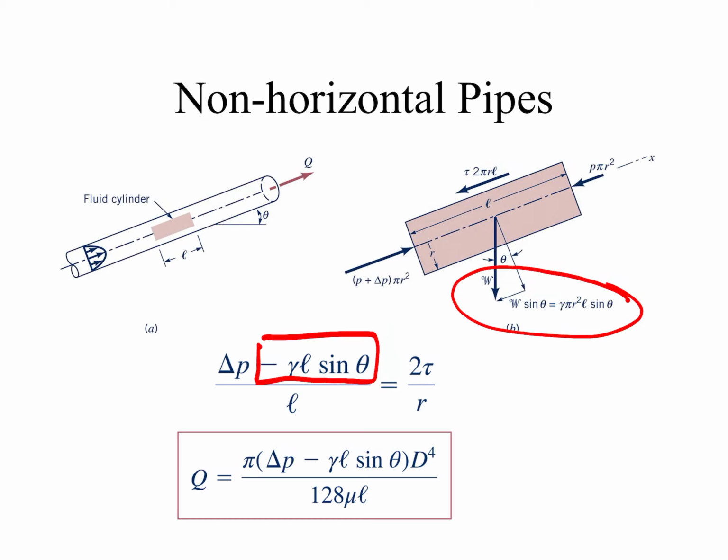So we've added the weight of the fluid acting in the gravitational direction as our buoyancy force, so we don't just have surface forces. We still have the 2 tau over r just like we had before, but now we've added this buoyancy term. And then the modification to the flow rate looks like this.